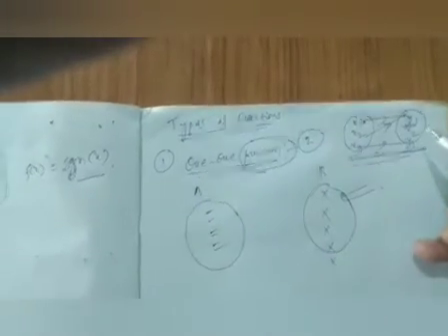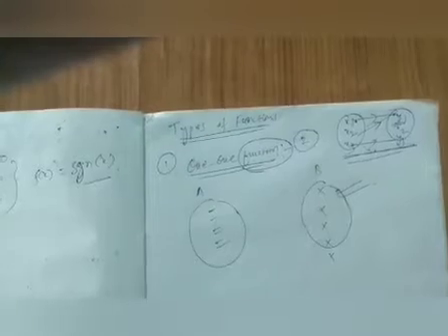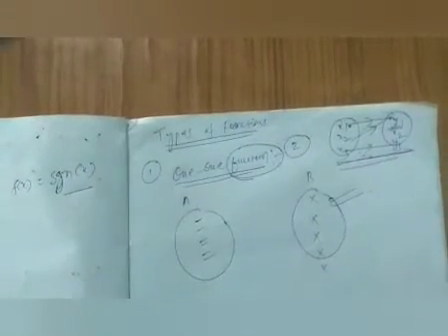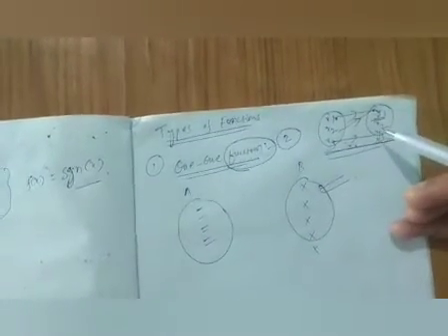If I ask whether it is a one-one function, then definitely not, because additionally, by the definition of a one-one function, every element in set 2 should have a unique pre-image in set 1. So it is not a one-one function.